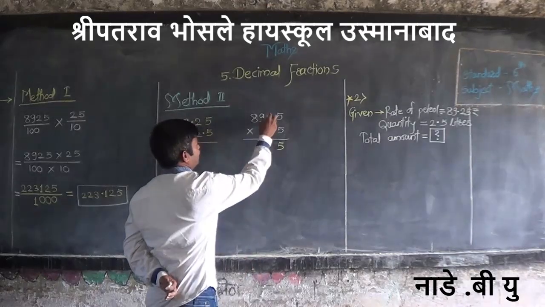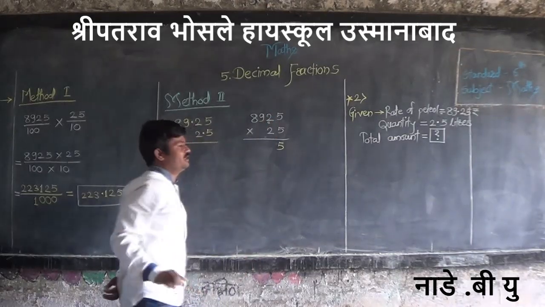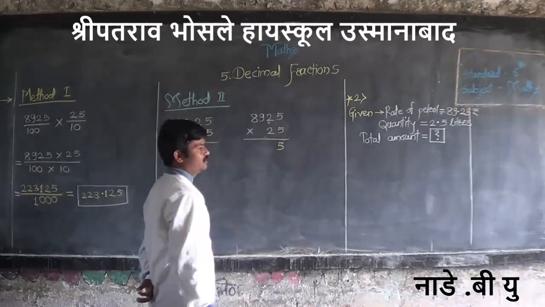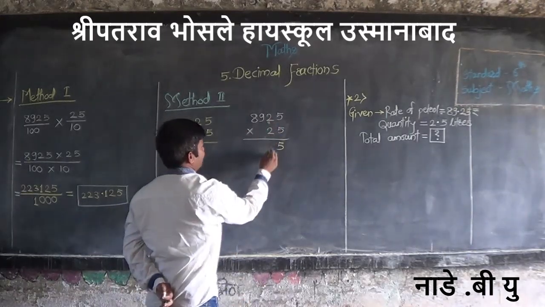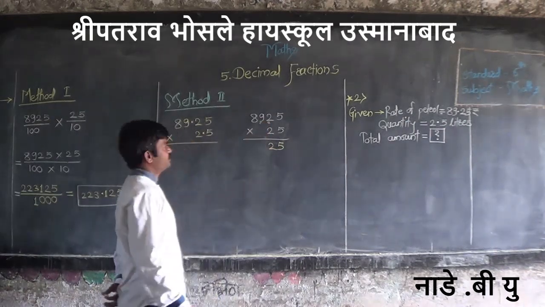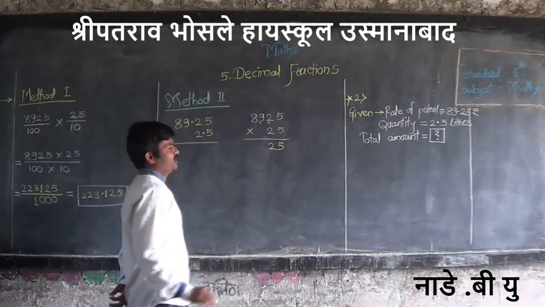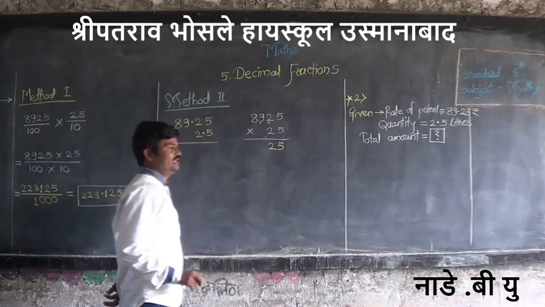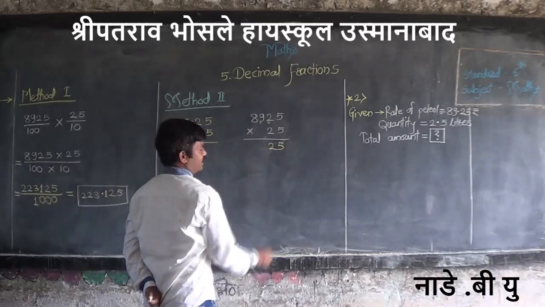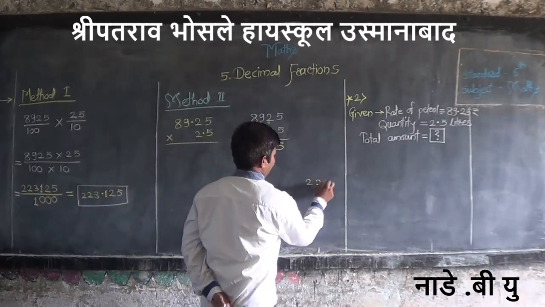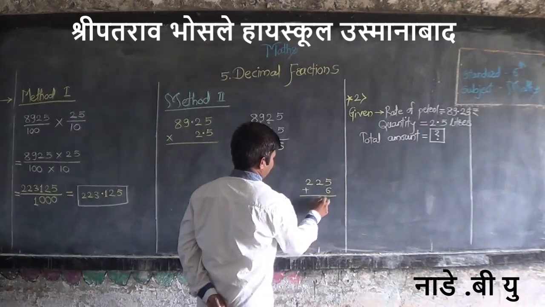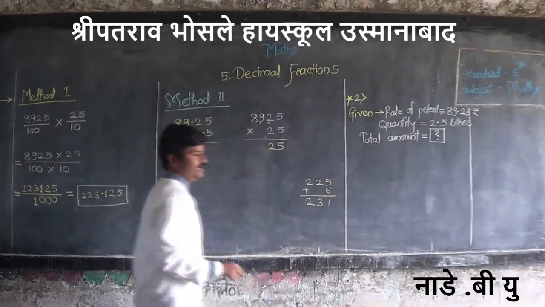Here the carry is 12. 25 2s are 50. 50 plus 12 is 62. Carry is 6. 25 9s are 225, and the carry is 6. 225 plus 6 is 231.